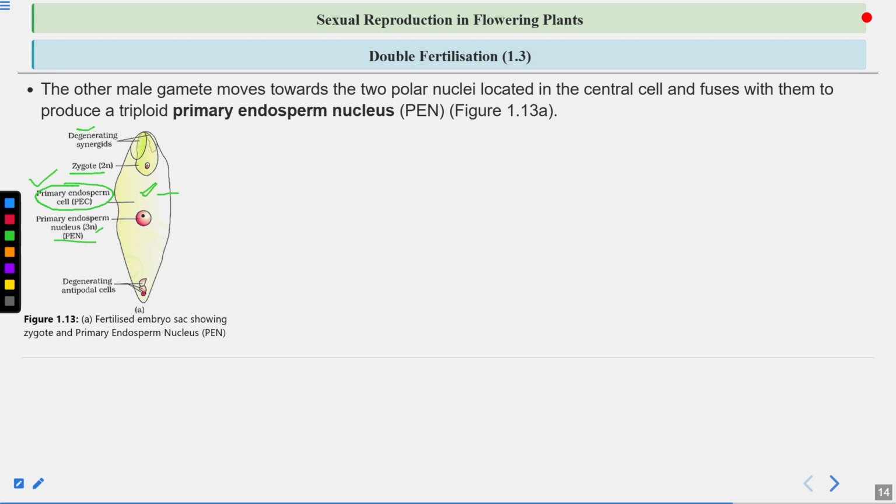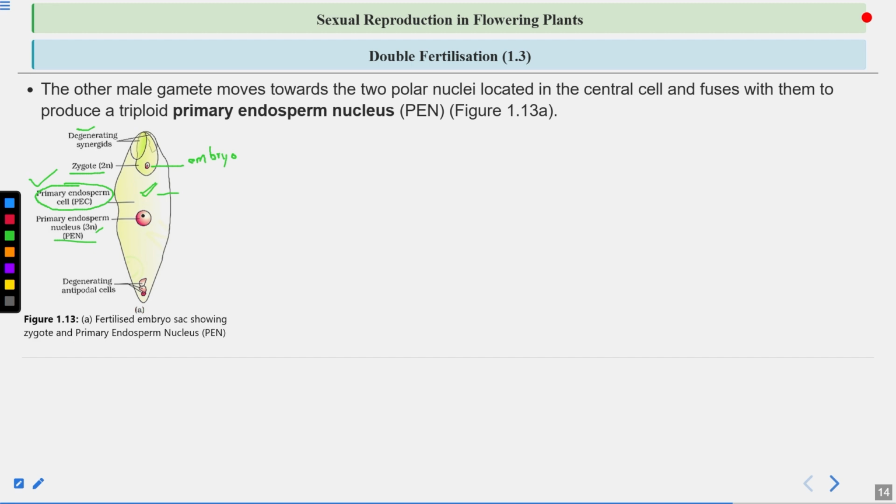Now this zygote will form the embryo, and this primary endosperm cell will form the endosperm. Endosperm is important because the reserve food material comes from the endosperm only, and it provides it to the developing embryo.